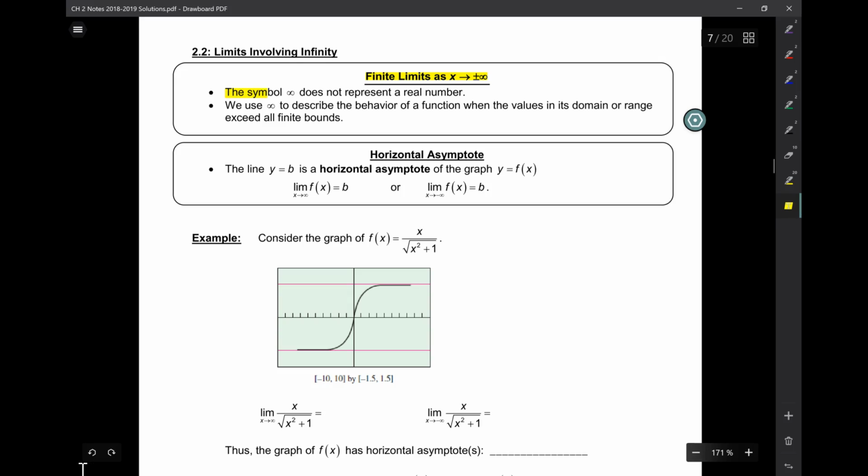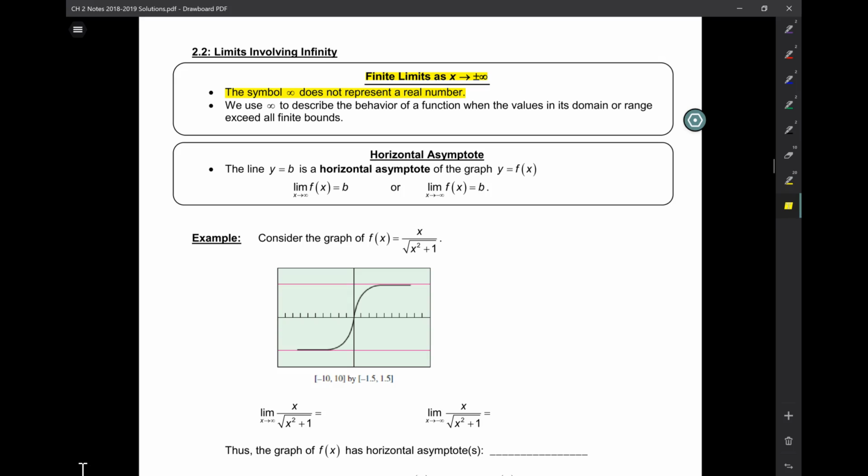We know that the symbol infinity does not represent a real number. I can't get into a spaceship, go out somewhere in space, get off the spaceship and say, okay, I've just landed on infinity right now. I don't know where infinity is. It's undefined. It is not a real number. Okay?